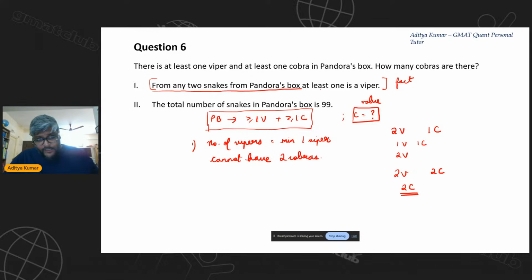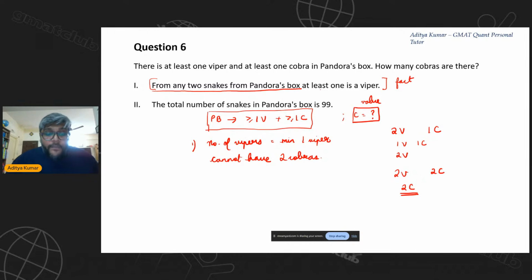So the statement says, any two snakes that I pick from Pandora's box, at least one has to be a viper. So that basically means that the maximum number of cobras that I can have in that box is only one cobra. Because if I had two cobras, then there is a possibility that if I pick two snakes, both will be cobras, which will violate the first statement.